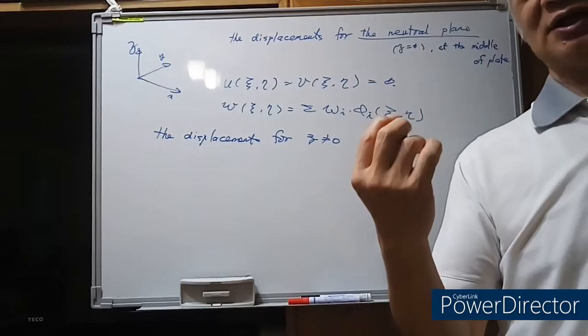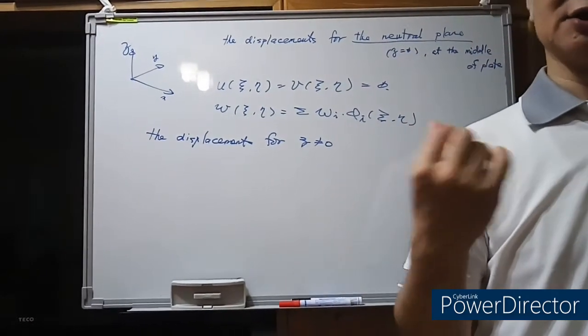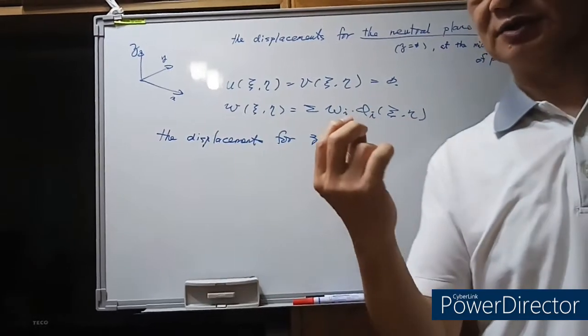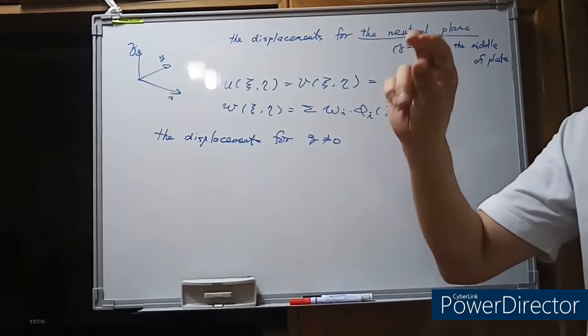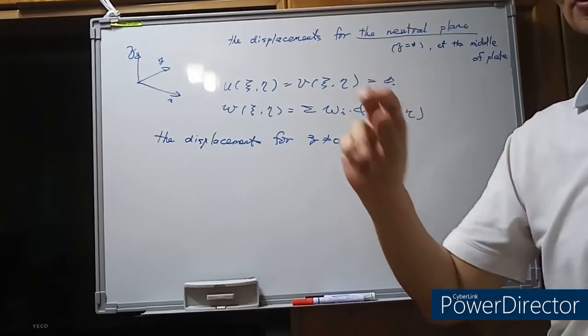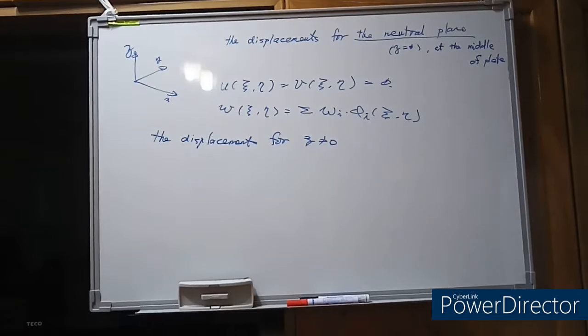But for the points where z is not equal to 0, it means they are the points considered for different layers other than the neutral plane.